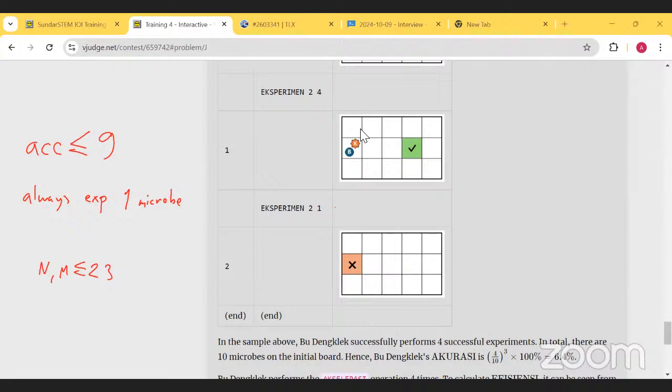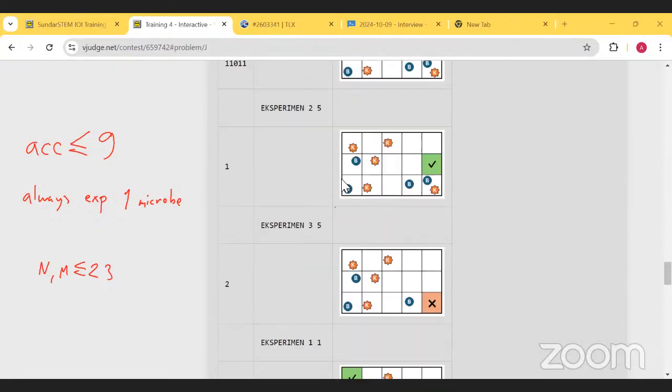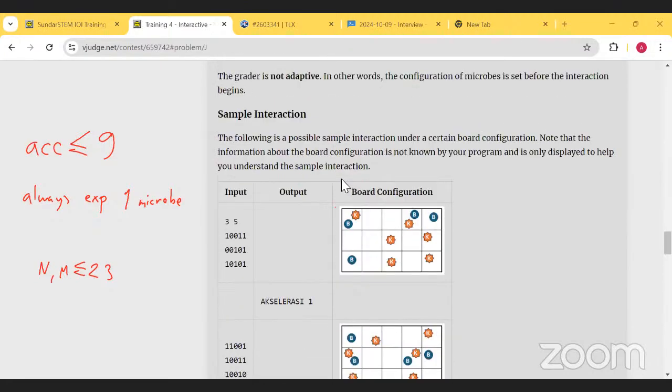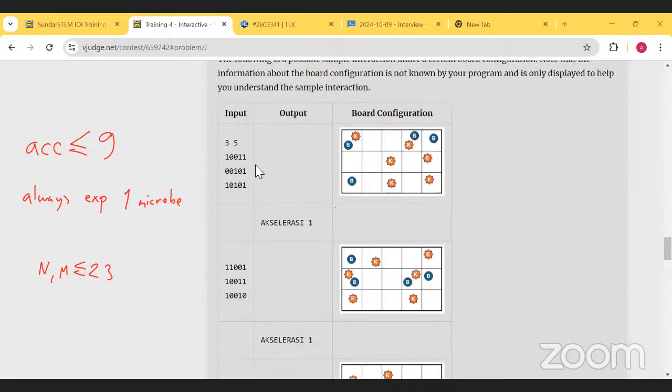Yes, of course. If we want to get a full score in this problem, then we should always query on a cell with one microbe. But unfortunately, the information is not given.